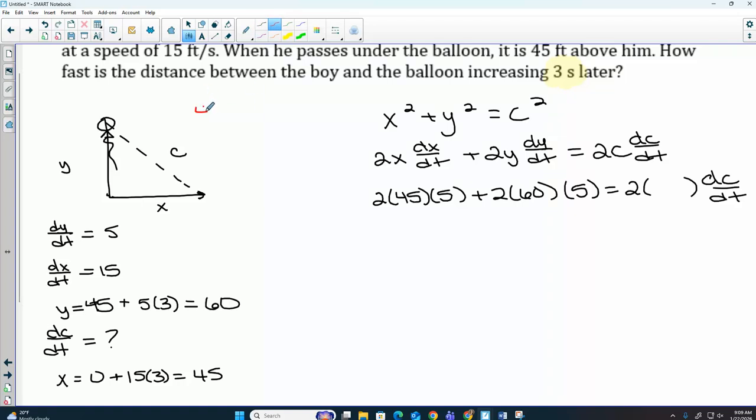So x squared plus y squared equals c squared. Lucky for us, that one is a 3-4-5 triangle. At that point, the c is 75.